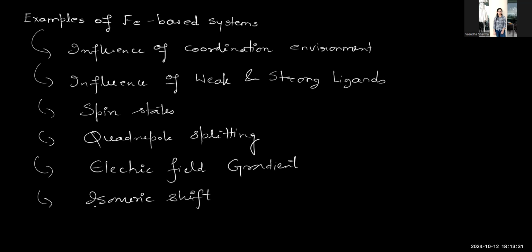We have taken a lot of examples, where in different scenarios we have tested how iron in different oxidation states is going to give you different patterns of isomer shift and quadrupole splitting. So in this last session, we will be talking about the mixed valence complexes, which is the last topic.